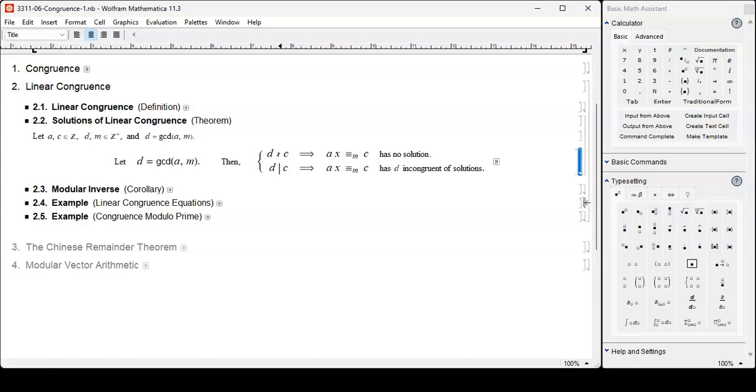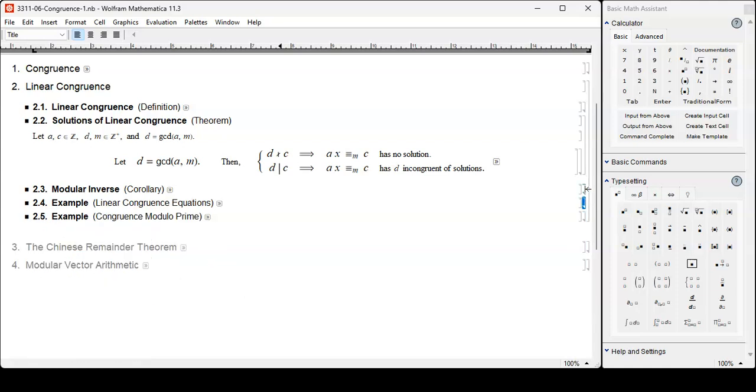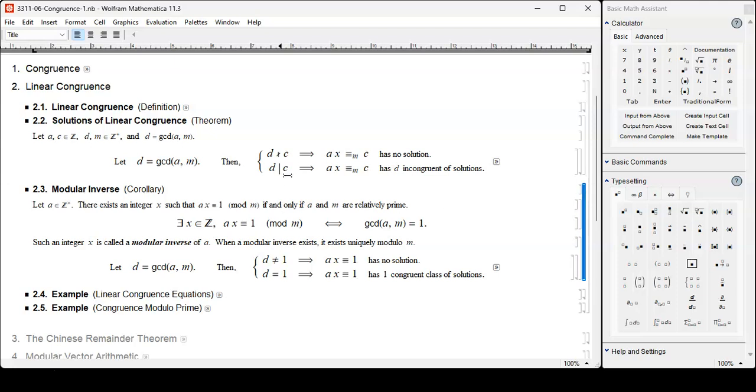You can utilize that in some actual examples, but before that, let's discuss this important corollary. In the special case when C is 1, we have AX is congruent to 1. In that case, what do we mean by D divides C?